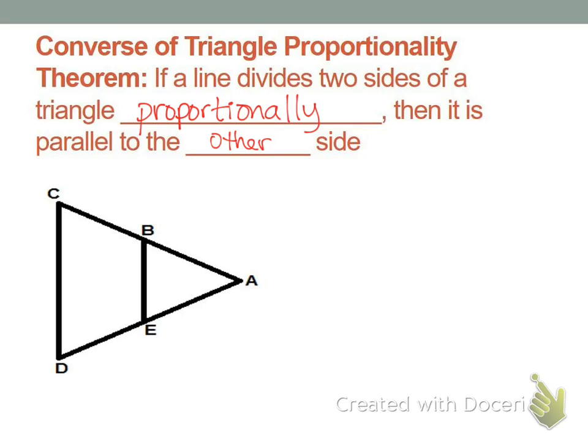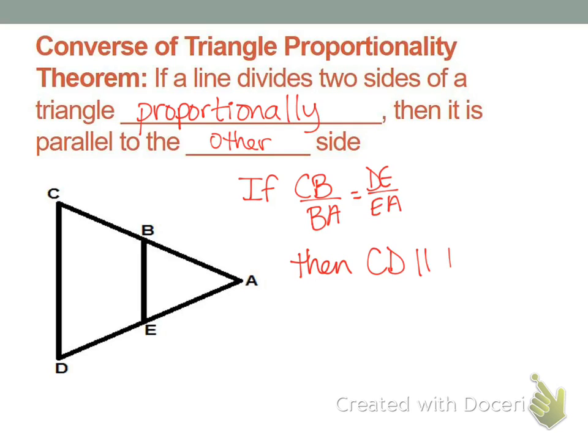So this time it goes a little bit differently. If CB over BA is equal to DE over EA, if that's true, then we can conclude that CD is parallel to BE. Whereas in the other one, we started off knowing that they were parallel.